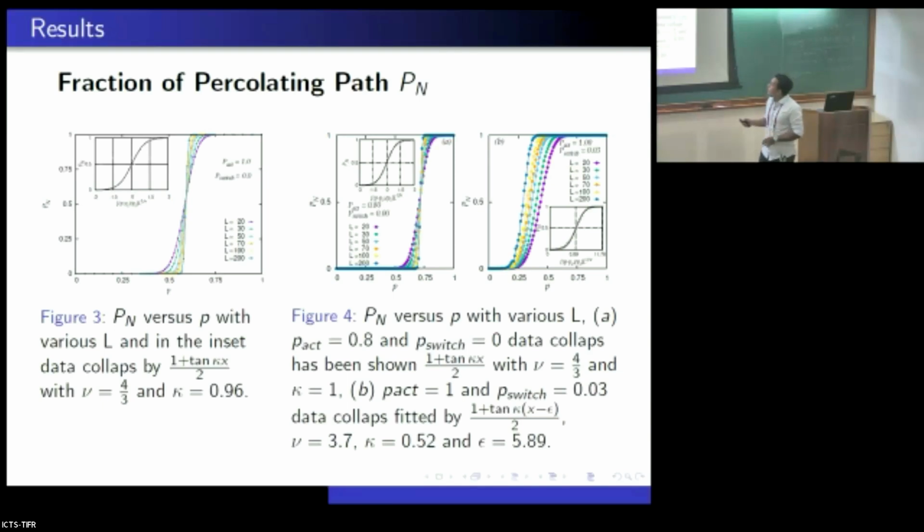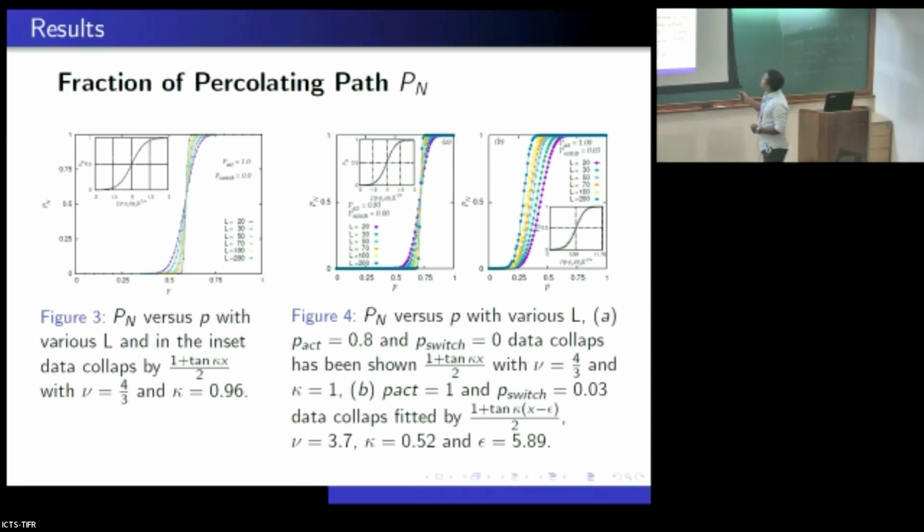But in the middle one, we introduce inhibition, that is P act is 0.8. So now the Pc value shifts towards the right, around 0.72. Since the generation of active cells is reduced, it is trying to compensate for the effect. For that, we need more waiting cells. So that is why it's 0.72.